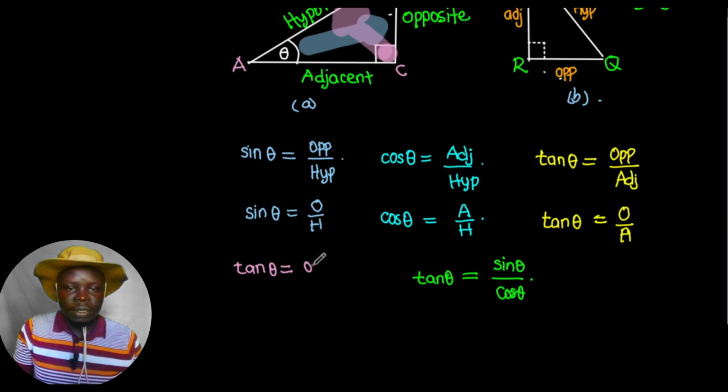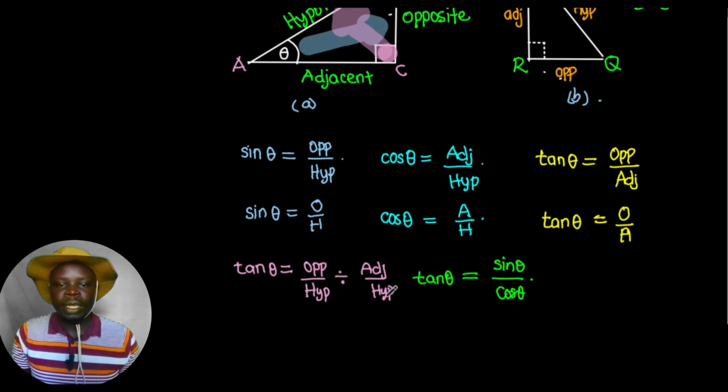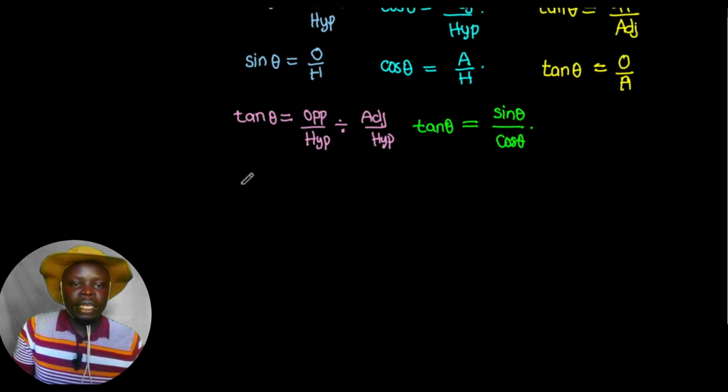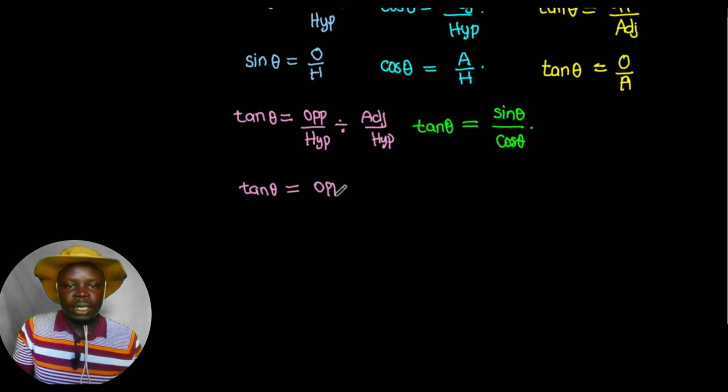And sine is the same as opposite over hypotenuse, and we're dividing this by cosine, and cosine here is adjacent over hypotenuse. So this division sign, you can make it multiplication and interchange the numerator and denominator of our second term here. So let's get more space and we'll do that, meaning the tangent of that angle theta is the same as we maintain this opposite over hypotenuse, and we multiply this by hypotenuse divided by adjacent.